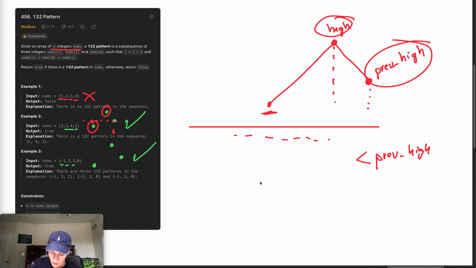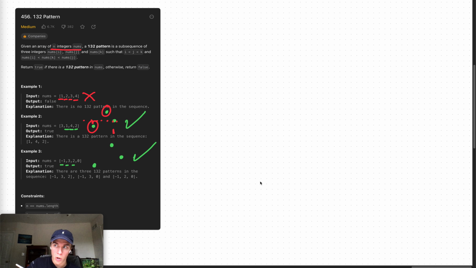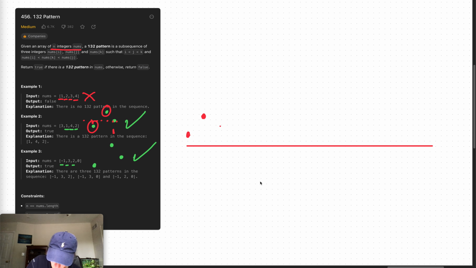if I draw out one, let me actually just remove all of this here and draw out what a 1, 3, 2, 5, 6, 7, 8, 9 would look like. It would look something like 1, 3, 2, 4, 5, 6, 7, 8, 9, 10.